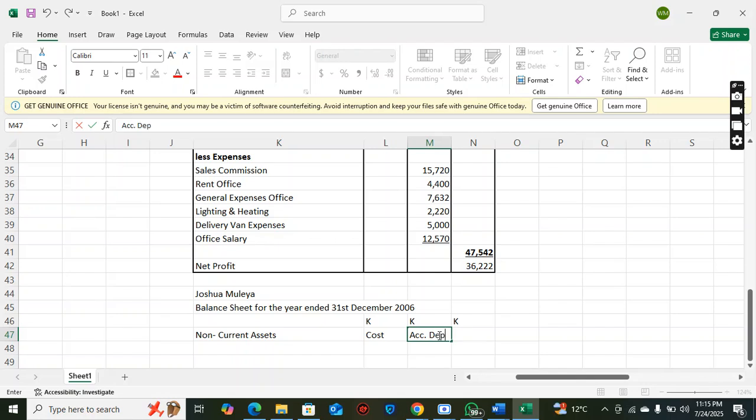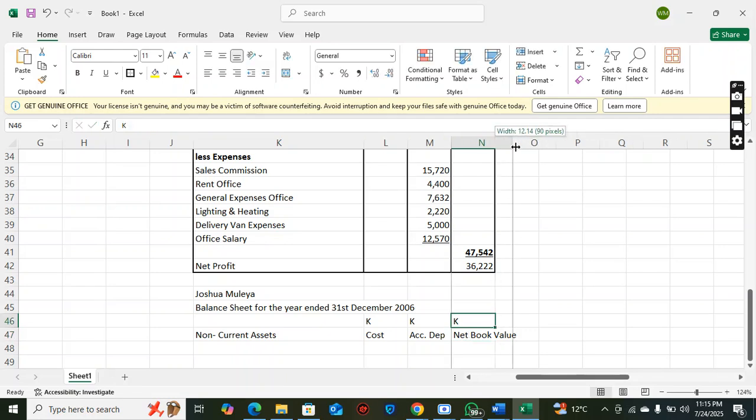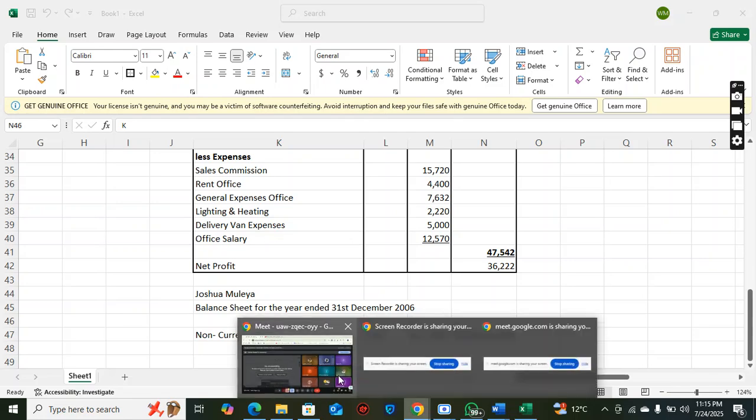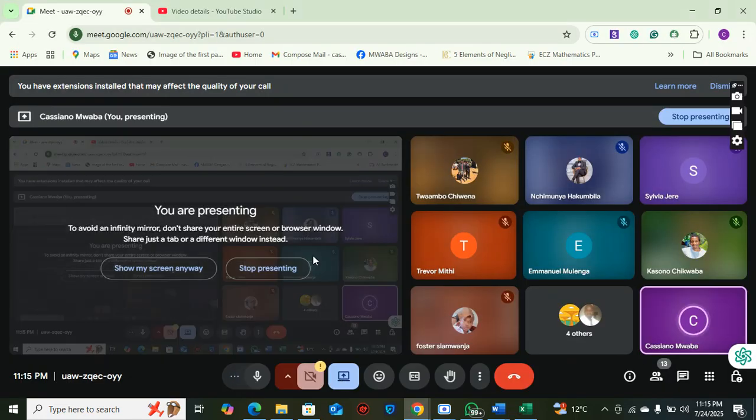Okay, colleagues. Here in the balance sheet, you have this first section where you have the cost of the asset, any accumulated depreciation, and then the net book value. Since there's no depreciation here, let me just give you the context. If there was depreciation, as the years go by, that depreciation expense is building up. As the depreciation expense builds up, the value of the asset is going down.